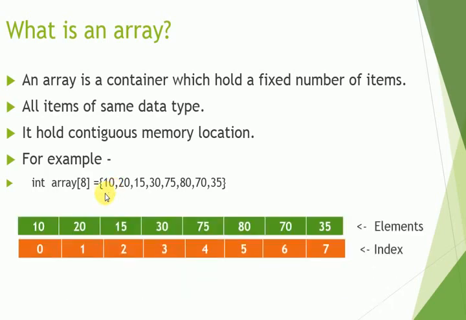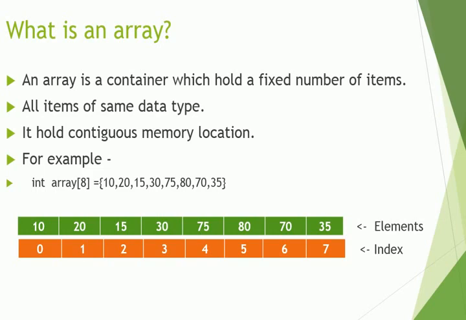When it occupies locations in memory, it stores them in this format: 10, 20, 15, 30, 75, 80. These are our elements in contiguous memory, and this is the index. With the help of the index we can access our array elements. It always starts with 0 and goes up to size minus 1.